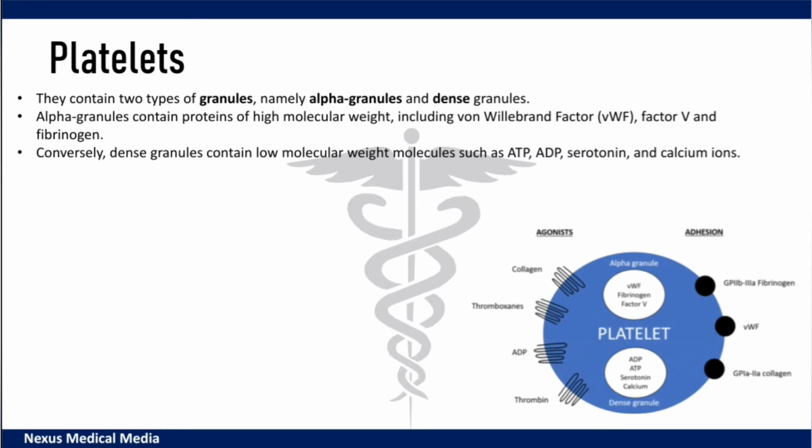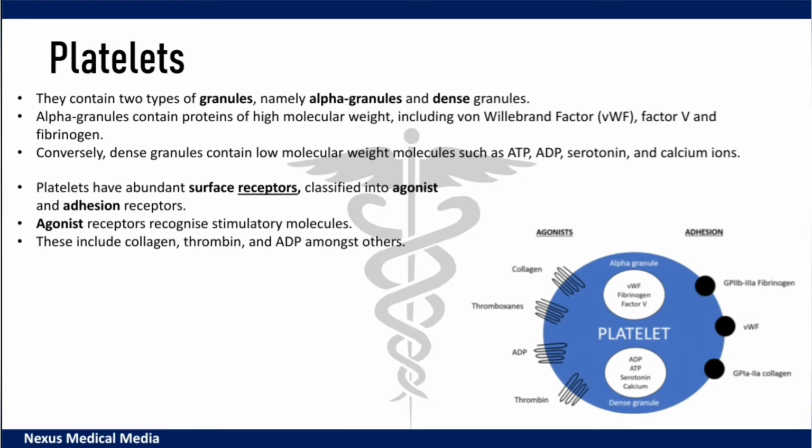Platelets have abundant surface receptors, which are classified into agonists and adhesion receptors. Agonist receptors recognize stimulatory molecules, and examples include collagen, thrombin, and ADP, among others.